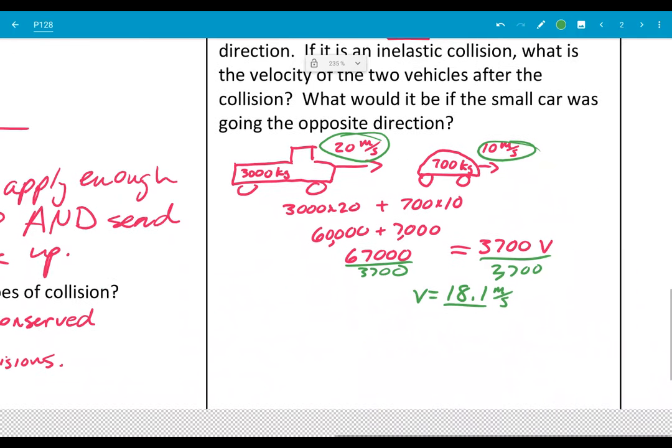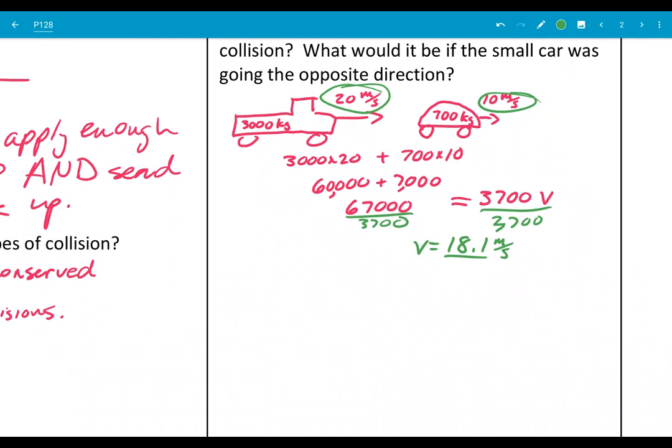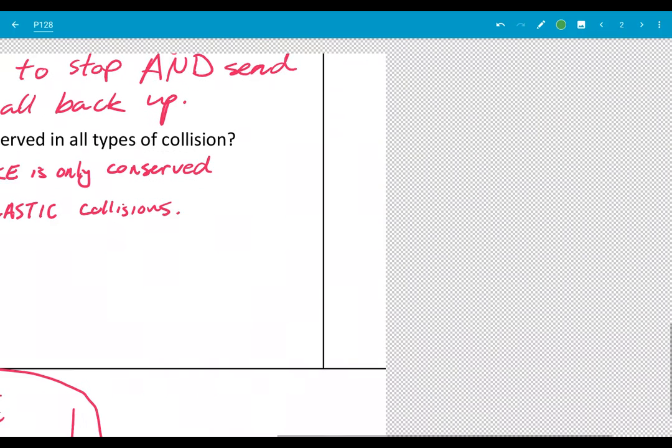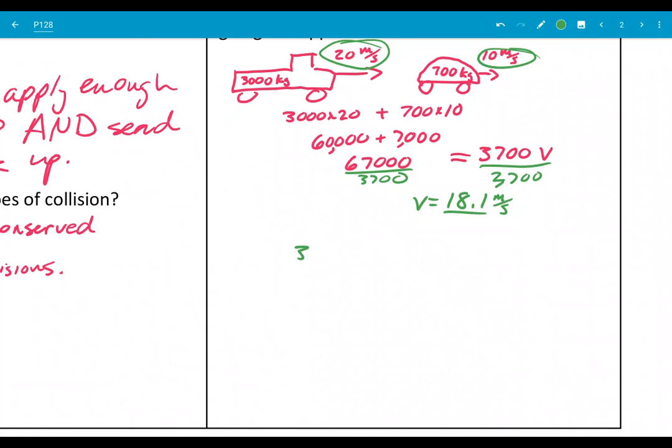Now if the car was going in the opposite direction, then instead of its momentum being a positive 7,000, the truck's momentum is the same: 3,000 times 20, which is 60,000. But the car still has its 700 kilogram mass, but it's negative 10 for its velocity.